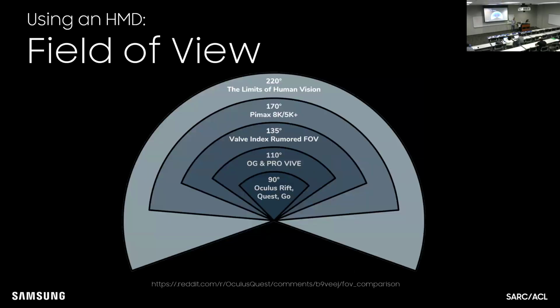Looking at the different devices out there, the Oculus Quest only gives you 90. That's why it's kind of sad. You have the Vive, the Valve Index, which just got replaced by another Valve device, and then the Pimax, and you can see they're getting closer and closer. We can still improve. But until we get there, you don't want to be distracted. You want to be immersed. This is something we can still work on.